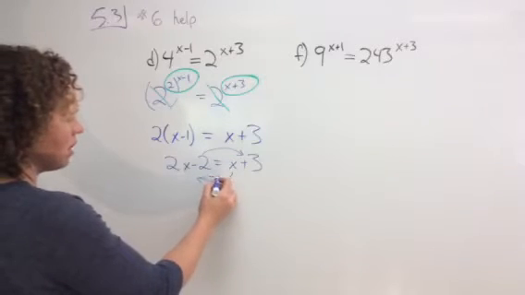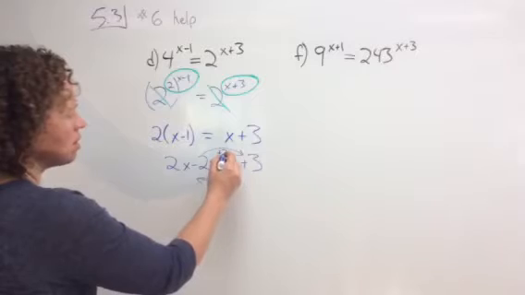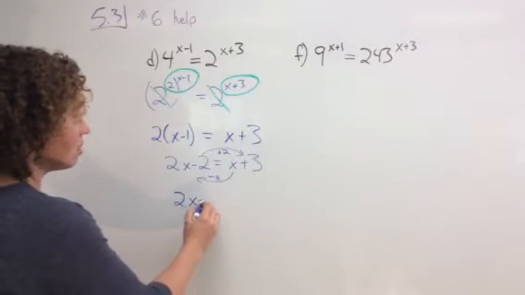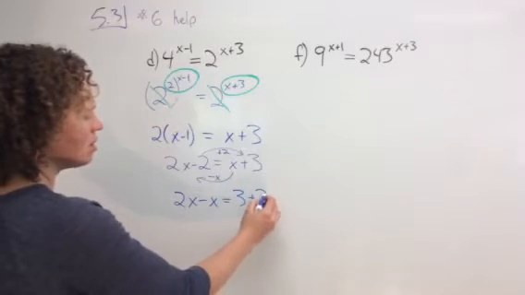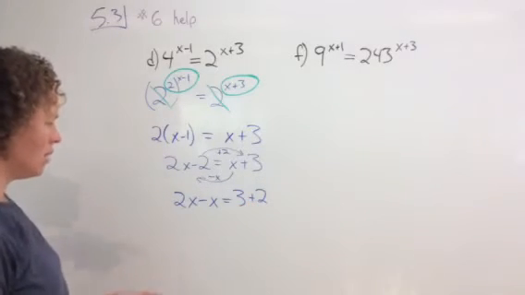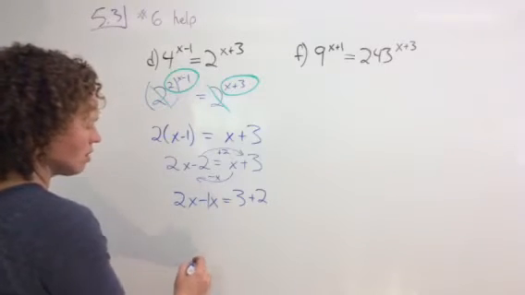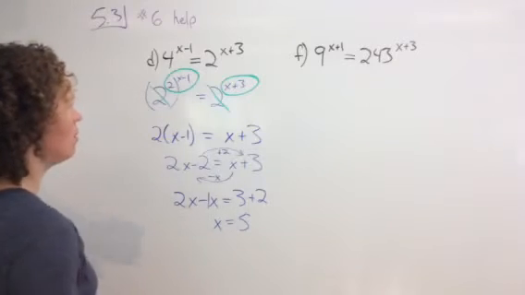This is a positive x, so it's going to come across as a negative. This is a negative 2, so it's going to come across as a positive. That gives me 2x minus x on this side equal to 3 plus 2 on that side. 2x minus x, this is like 1x, right? So it gives me 1x equals 5.